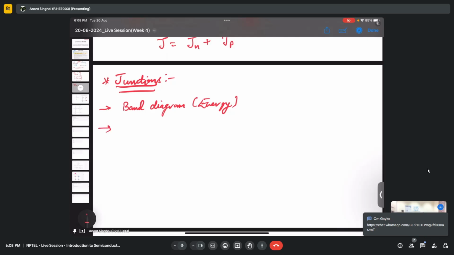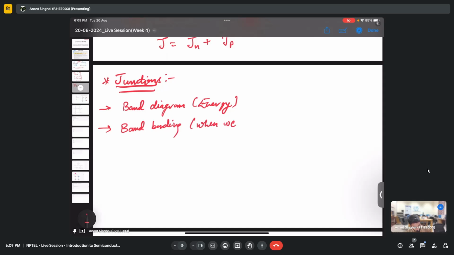The second key point is band bending when we join two materials. Initially we'll be talking about everything in equilibrium, that is, we are not applying any external bias.